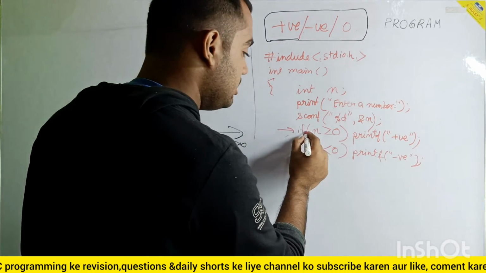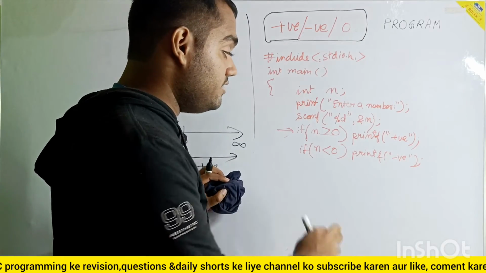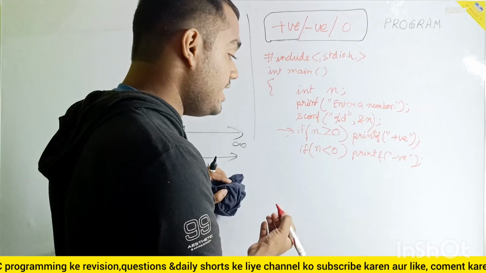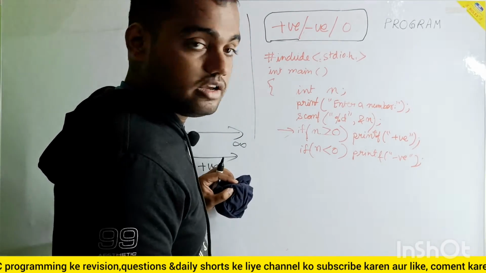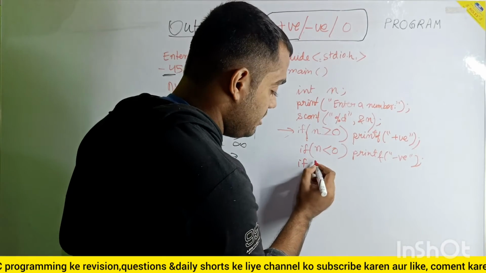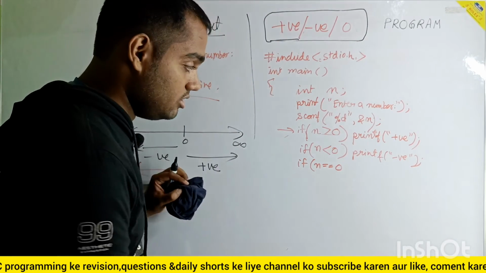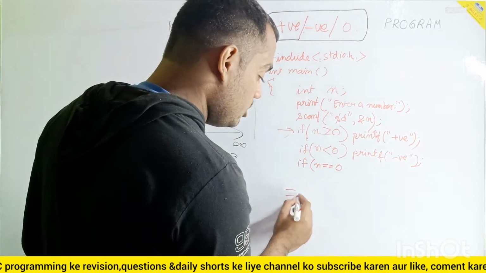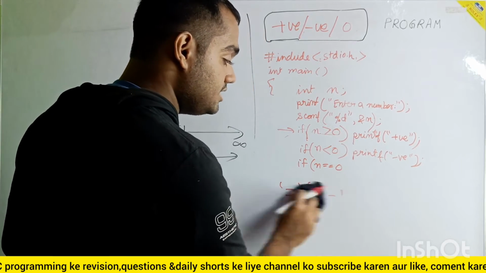It's very simple. If n is greater than 0, printf positive. If n is less than 0, printf negative. Now we can say else, or we can say again if n == 0. Note that it is double equals, not single equals, because single equals is the assignment operator. Double equals is the comparison operator, so it is checking a condition.